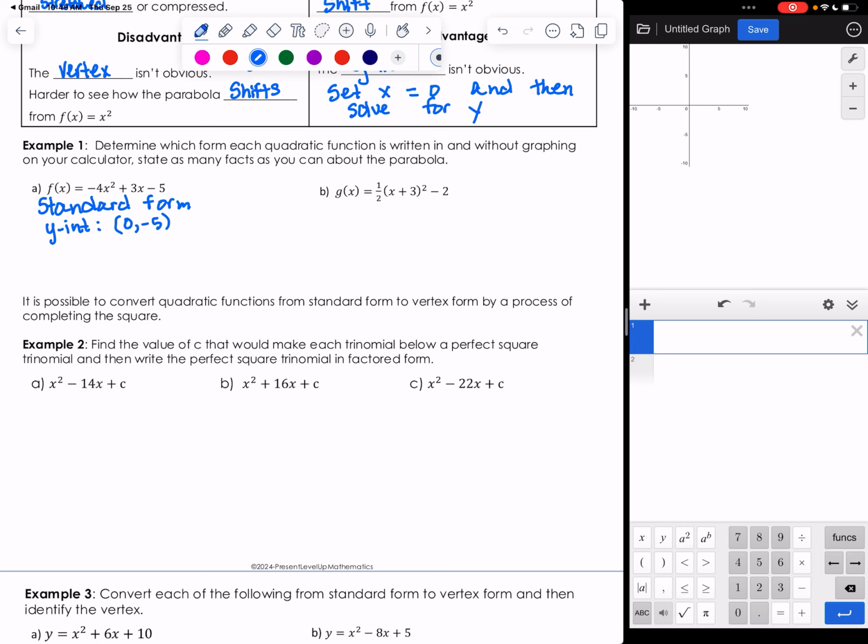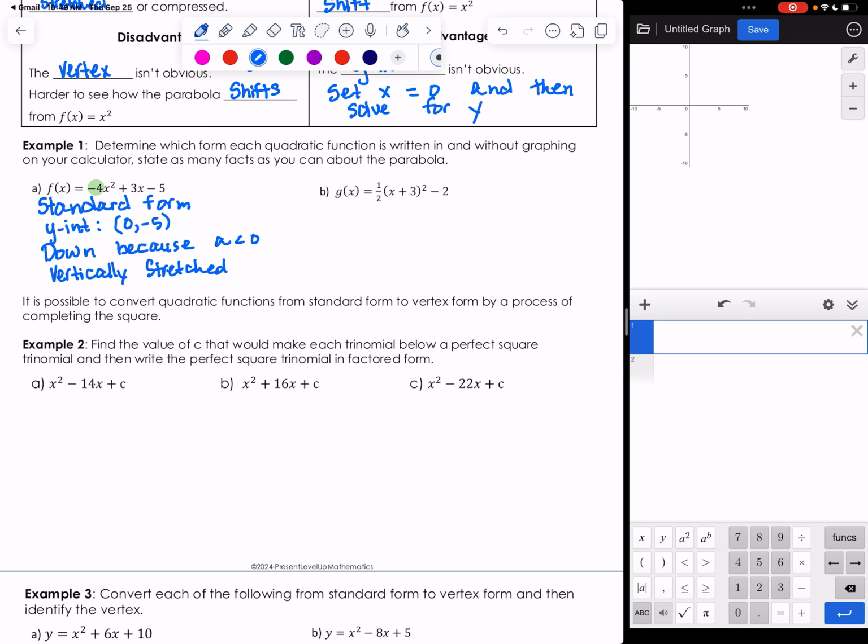The other thing that I can tell just by looking at this function is from the value of a being negative, so I know that this parabola is going to open down because a is less than 0. In other words, a is negative. The other thing I know from the value of a is that this parabola has been vertically stretched.